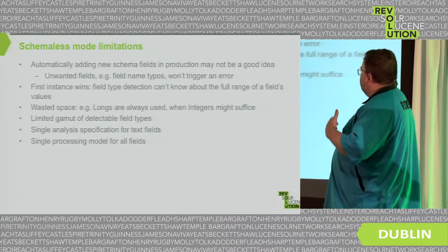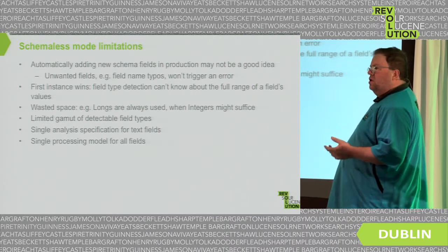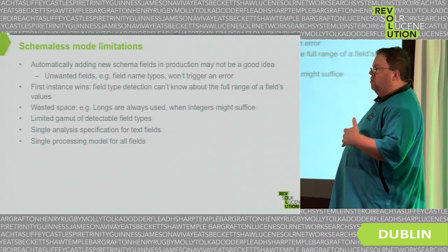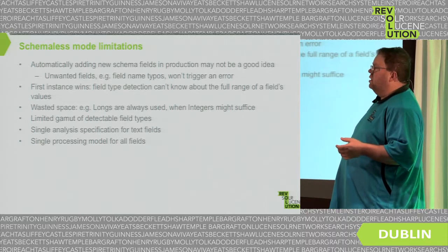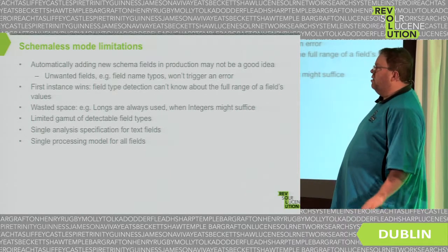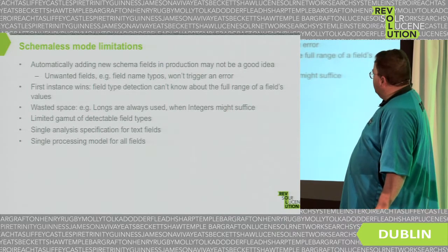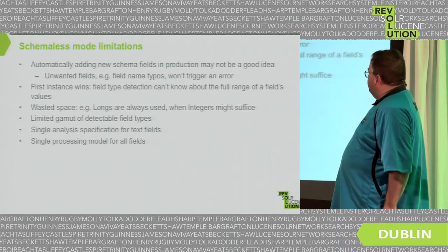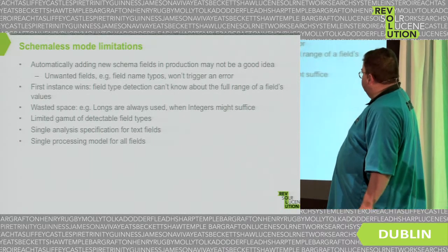Another problem is the limited gamut of detectable field types. I think the standard example that comes with Solr has something like, I don't know, 40 different field types, and there are only like 5 that are associated with the schemaless example. So that could be quite limiting.